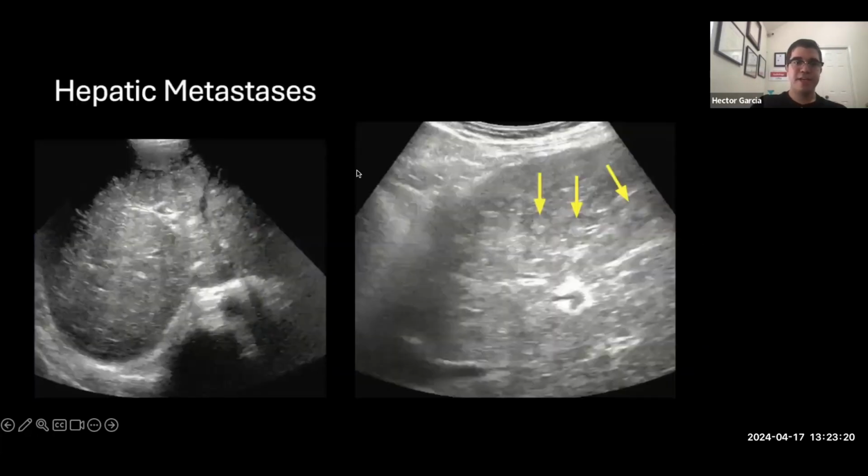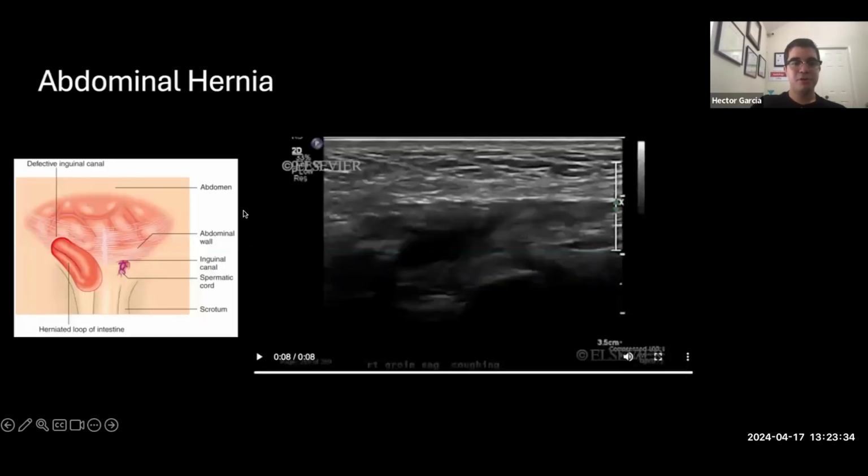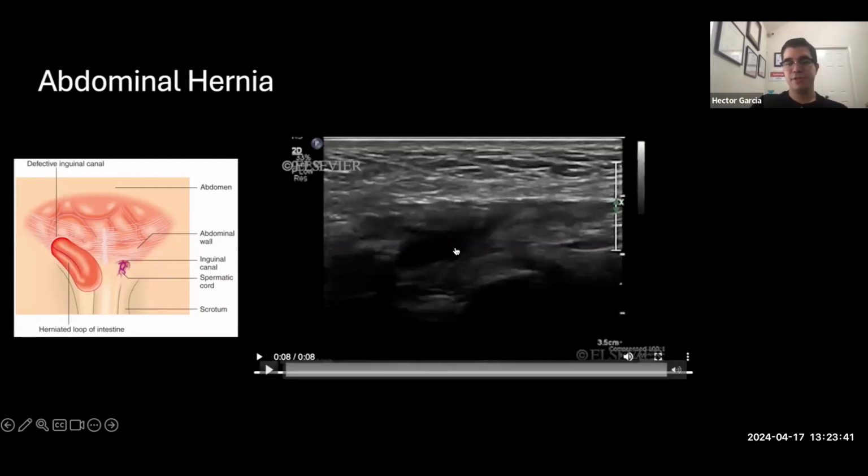Okay, so in hepatic metastasis, here in the liver, we start seeing these ball-like metastatic lesions on ultrasound. And then the abdominal hernia, the most common location is in the inguinal region, and this is what it looks like on ultrasound.